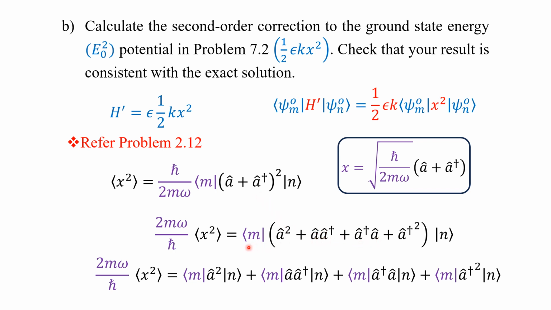Now you separate this into four parts: one with a squared, another with a a dagger, another with the operator a dagger a, and another with the operator a dagger squared.